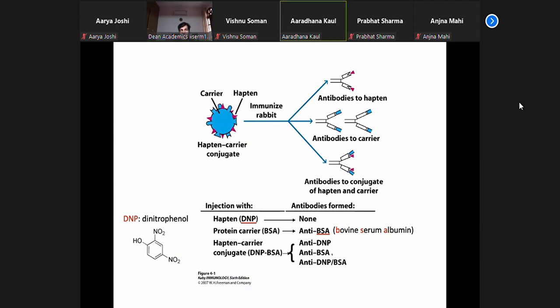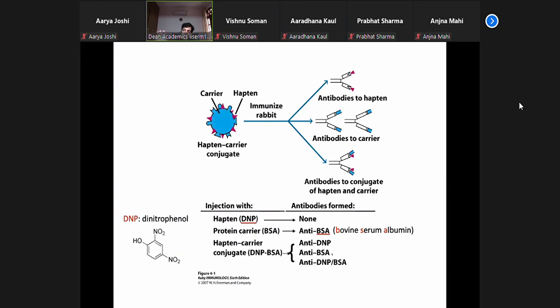So, sir, the message that you're trying to convey here is that all the three signals which are necessary for an immunogenic response are delivered via the conjugate and not via DNP alone? Yes, right. So hapten alone will not be able to provide all those signals. But if it is mixed with a larger protein, we'll talk about the characteristics of an immunogen, and then it will be a little more clear to you.